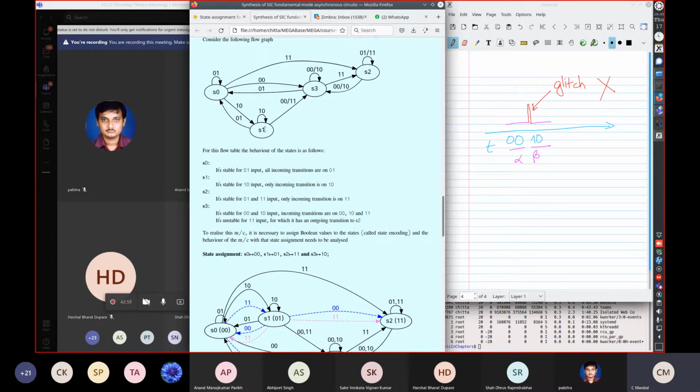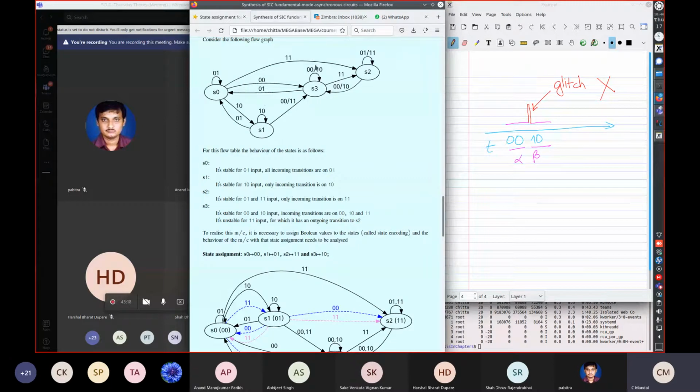Here in state 2 also, in S1 the incoming transition is 1, 0. Oh, I see. Sorry.